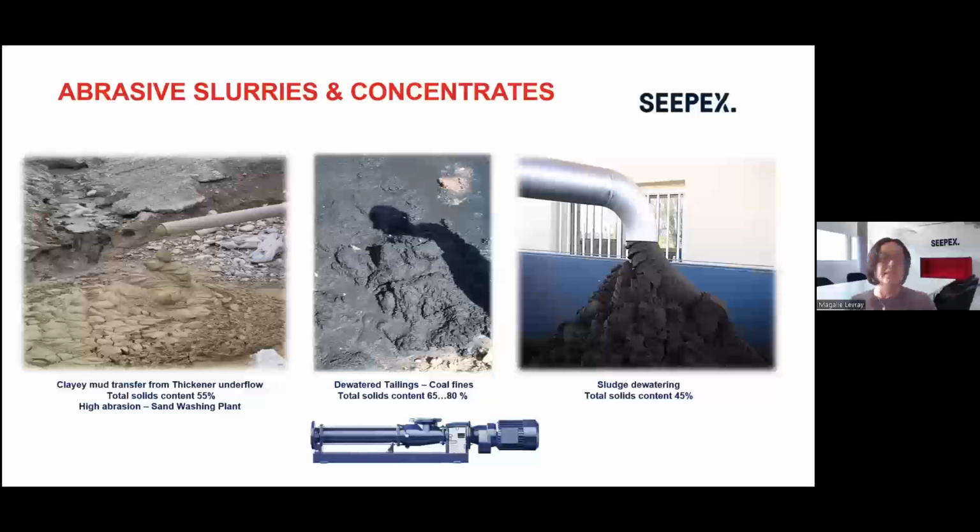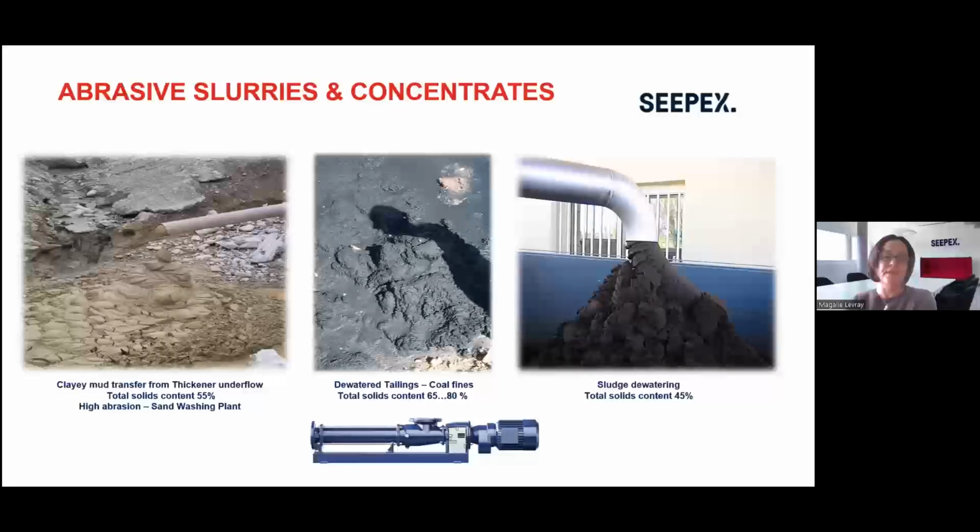After shear sensitive and viscous fluids, we can see here a few examples of abrasive fluids that we typically transfer in mining and quarrying. You see here some examples from clay mud that we transfer from sand washing plants, dewatered tailings, or sludge dewatered after using a centrifuge.